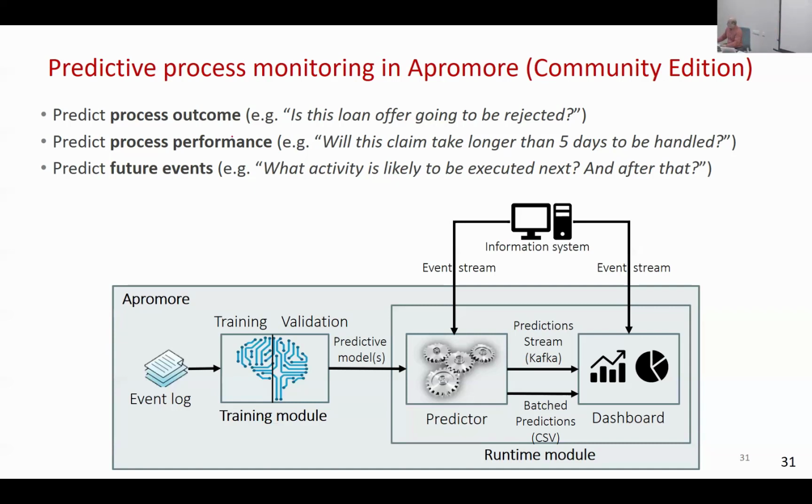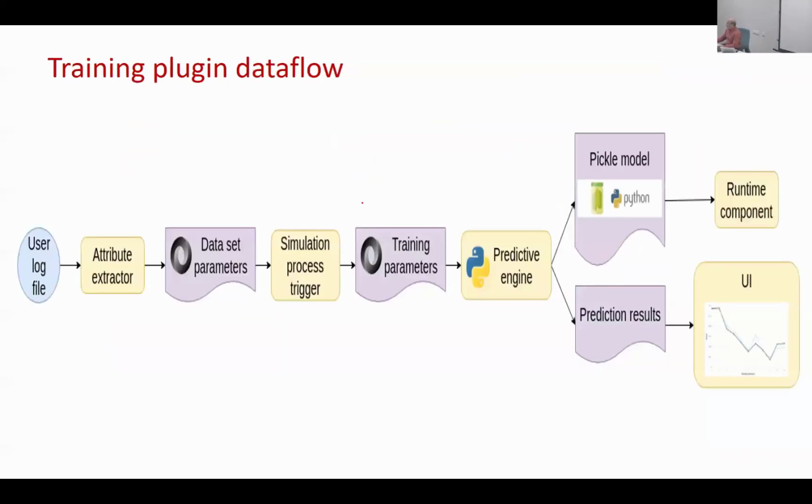But just for completeness, and so that you see what this looks like, in Apromore you can load an event log, and it will extract a predictive model that you can export as a so-called pickle file, which is the Python encoding of Python objects.